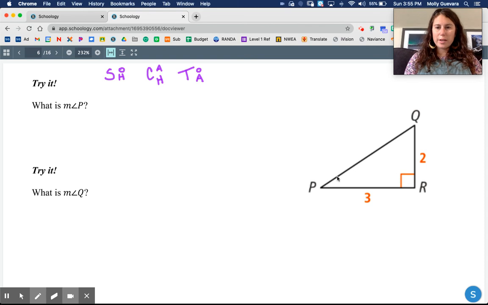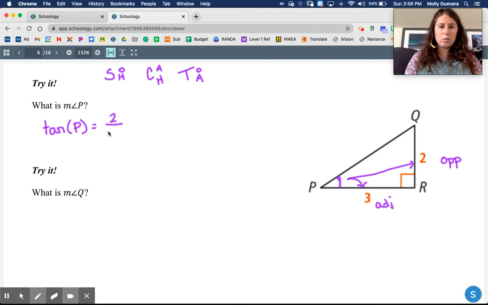Let's start with the measure of angle P. So P right here, right? And I have to see what I have. I have 2, which is opposite of P, and I have 3, which is adjacent of P. So looking at SOHCAHTOA, tangent here uses opposite and adjacent. So in this problem, I'm going to be using tangent of my angle is equal to opposite, which is 2, over adjacent, which is 3.